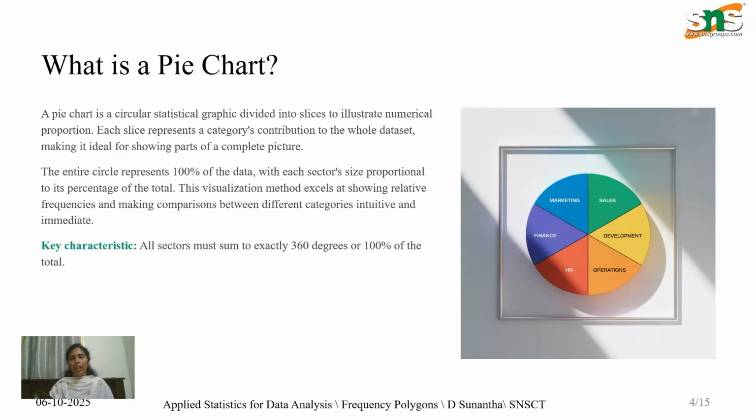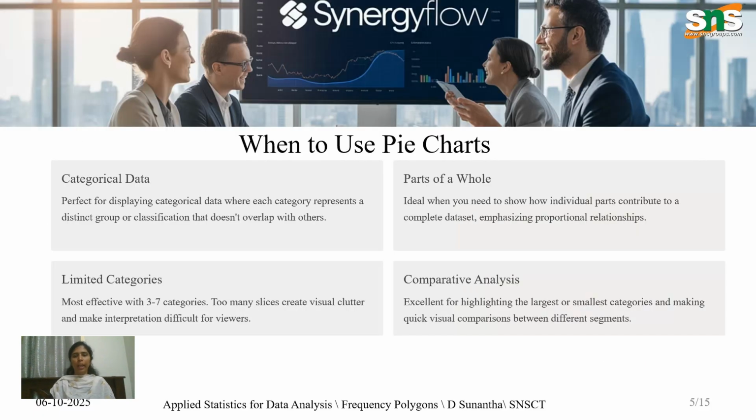If we have 5 data, then the pie chart will be divided into 5 parts depending on their percentiles. The key characteristic is that all these sectors must total exactly 360 degrees or 100%. The next one is when to use a pie chart.